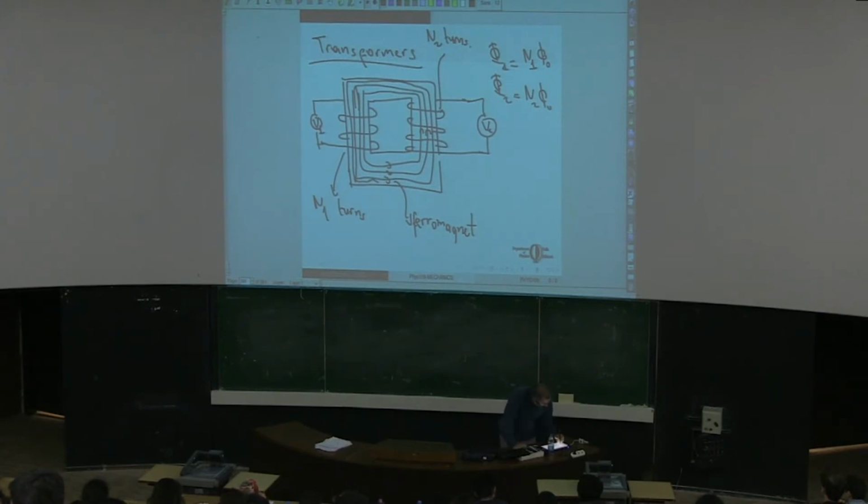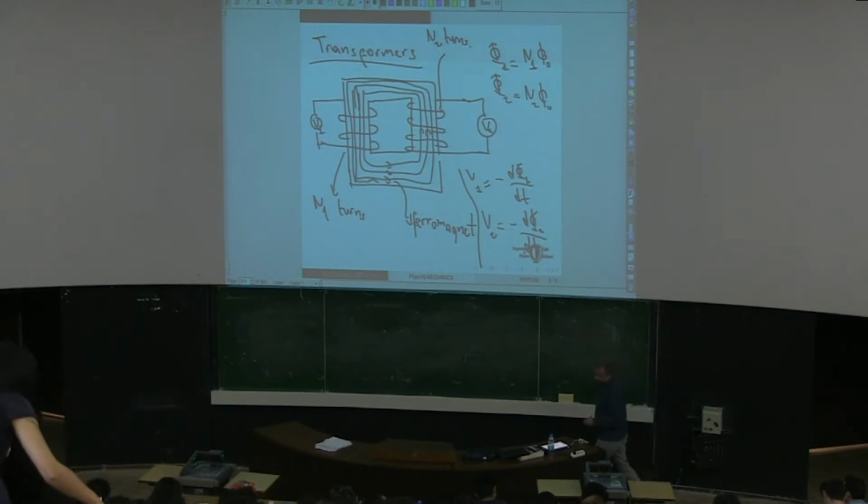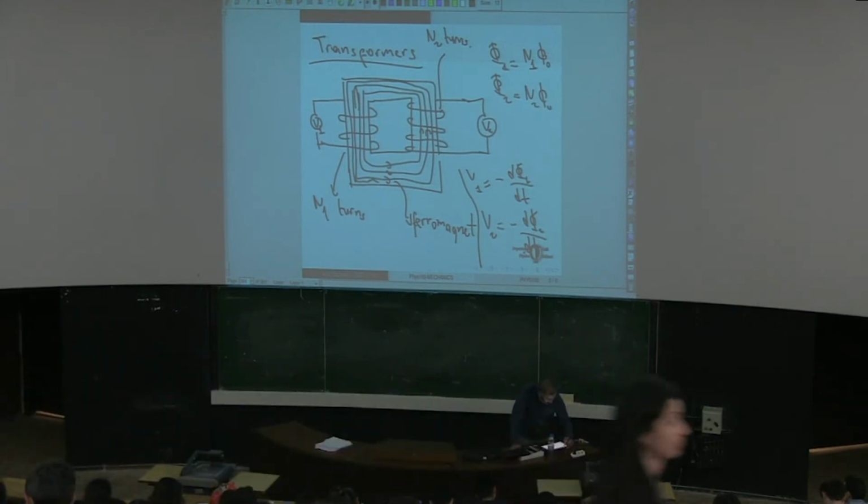Now, V1 is nothing but minus d phi1 by dt, and V2 is minus d phi2 by dt. So if you take V1 over N1, these are the relations that we have.